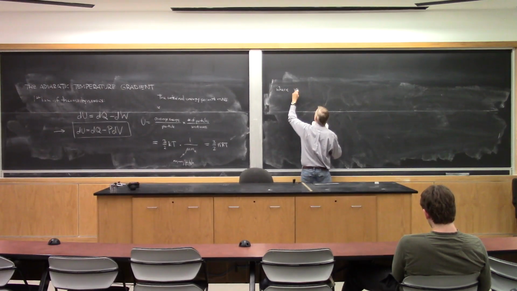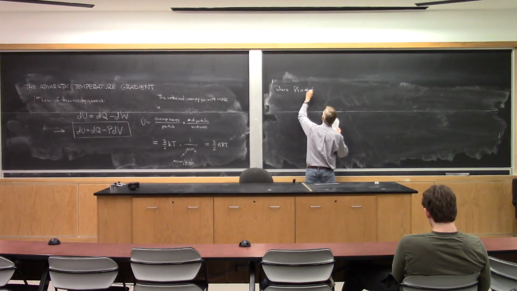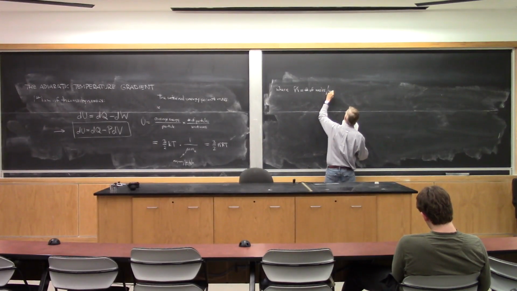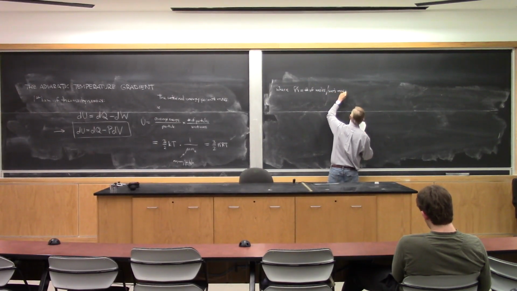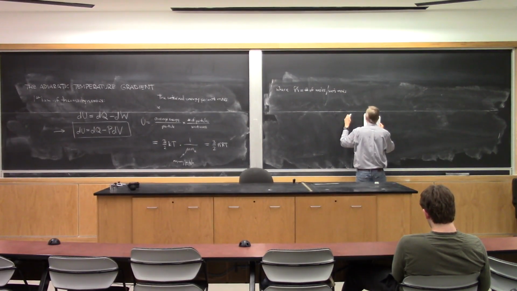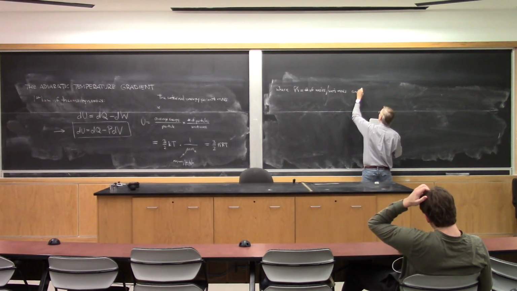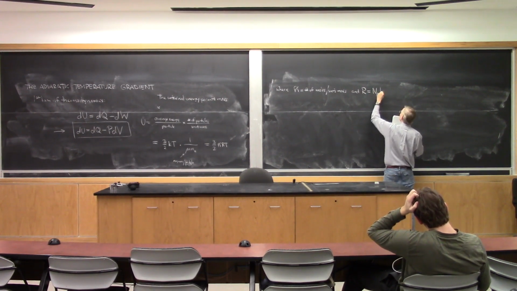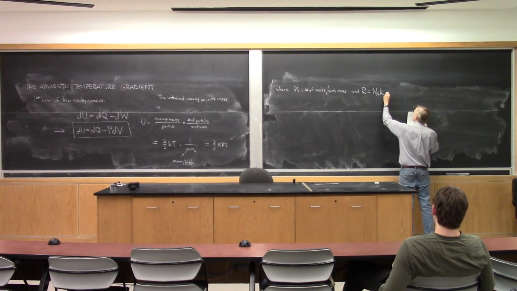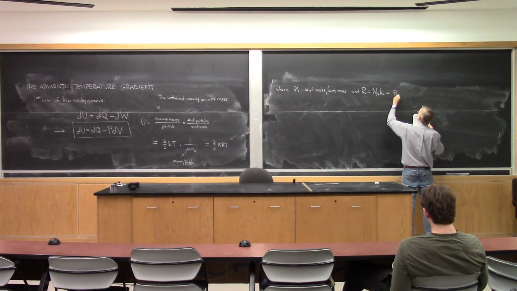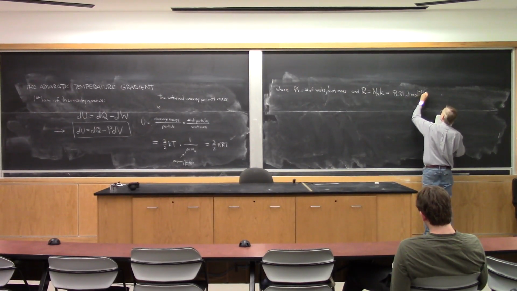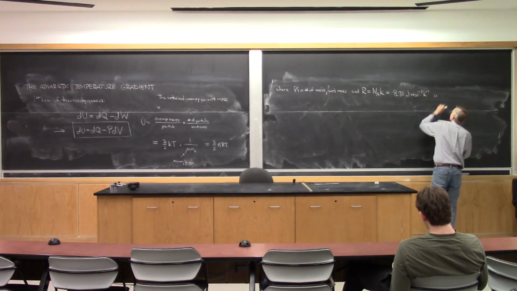Where n tilde is equal to the number of moles per unit mass, and R equals Avogadro's number times the Boltzmann constant equals 8.31 joules per mole per Kelvin, is the beloved gas constant, right?